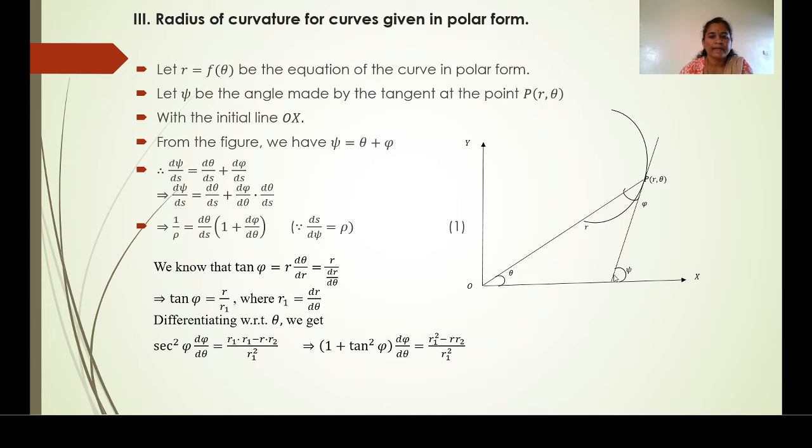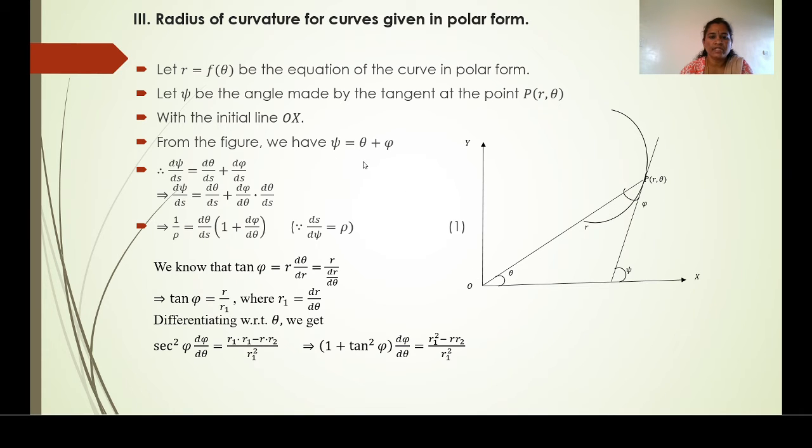Let psi be the angle made by the tangent at the point P (r, theta) with the initial line OX. From the figure, we have the result psi is equal to theta plus phi, since psi is an exterior angle equal to the sum of the interior angles theta and phi.